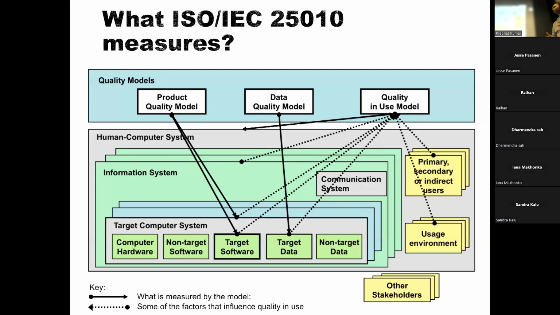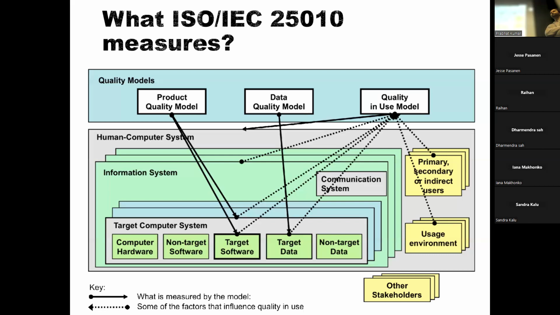They are not directly involved, but they are indirectly involved. However, the target software and target data are something which we can evaluate from this whole model, based on these 3 different models of quality.